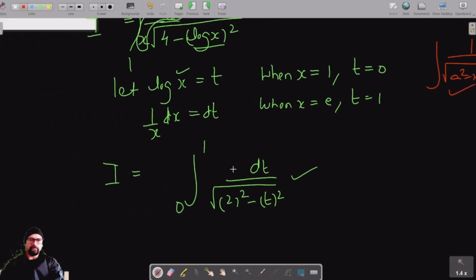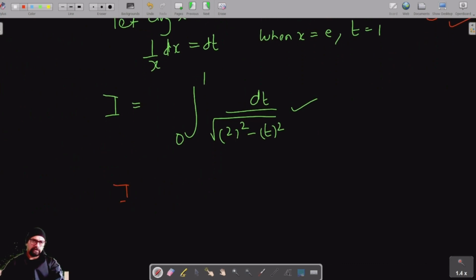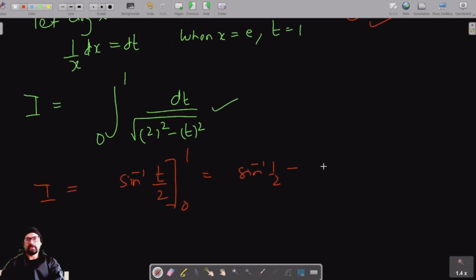So let's use this formula, and I is now equal to sine inverse of t by a, which is 2, and this has to be evaluated for the limit 0 to 1.